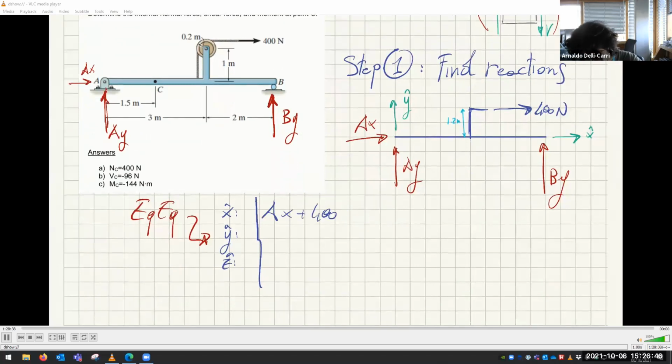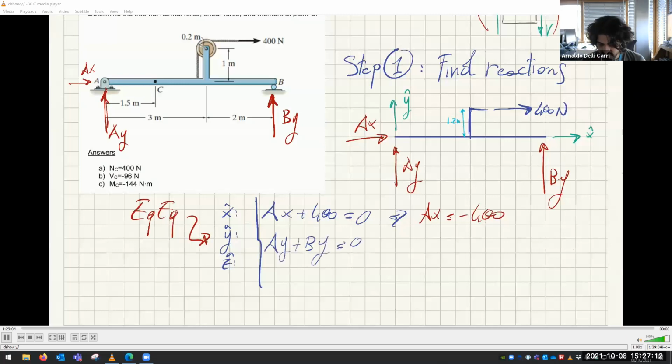You agree with me? Possibly yes, and that means that AX is minus 400. This is the result, not the reaction force. Then we have AY plus BY equals 0. That's all we can say.